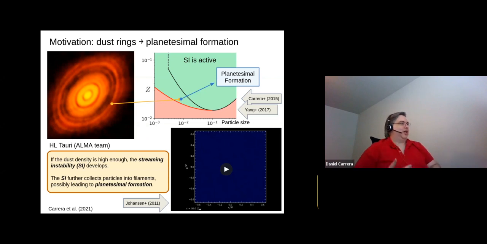So the idea is we're going to have a pressure bump that will collect particles together. Hopefully it will take us into the region where the SI is active. Then the SI will collect particles into filaments to the point where gravity can take over, and then gravity will take us the rest of the way to planetesimals.